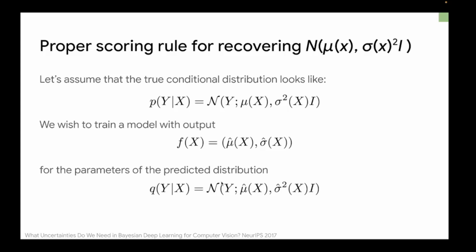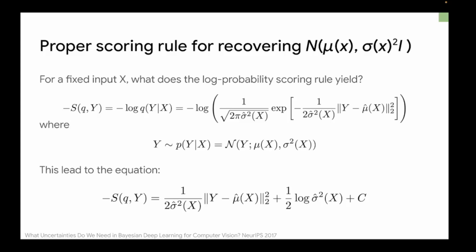So now the predicted density over y is given by q of y given x, where you take the density value at y for the distribution parameterized by f of x. I hope everything is clear so far. Otherwise, I can always come back and explain again.